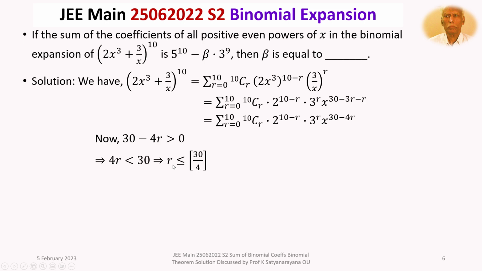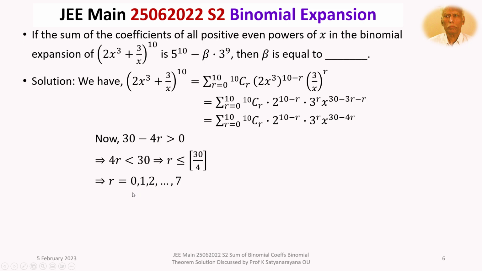That implies r is less than or equal to the greatest integer not exceeding 30/4, because r is non-negative and starts from 0. That is 7. So r is less than or equal to 7, and r = 0, 1, 2, 3 up to 7.